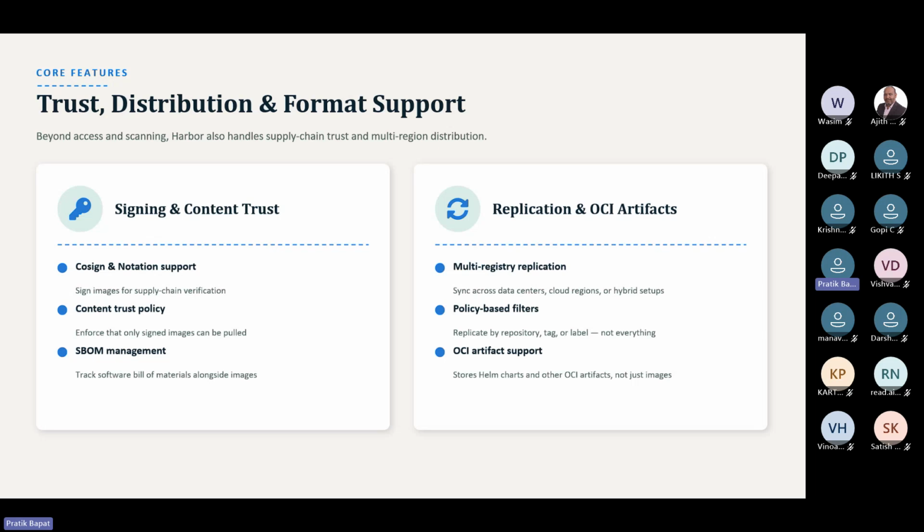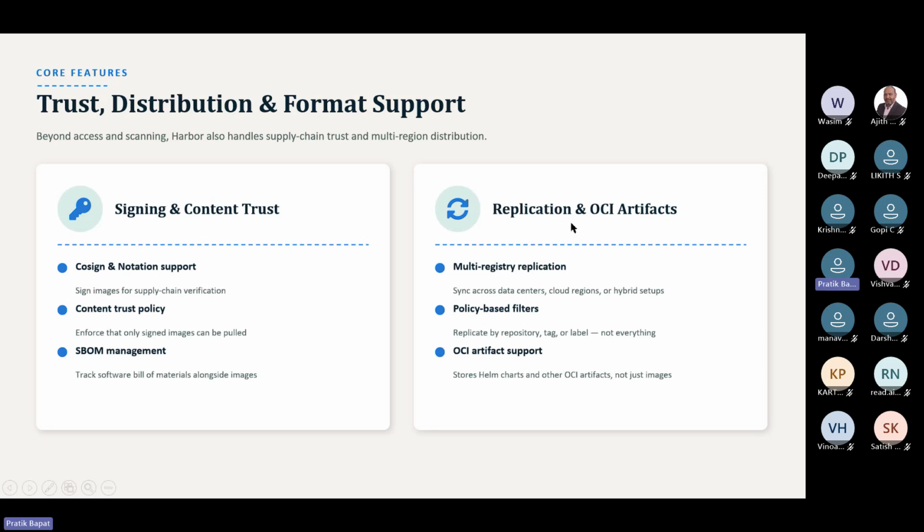We can also sign our images with content trust tools such as cosign or notary. It creates an SBOM, which is a software bill of materials, which contains a list of all the packages or transitive dependencies which our image contains. So this is one feature.